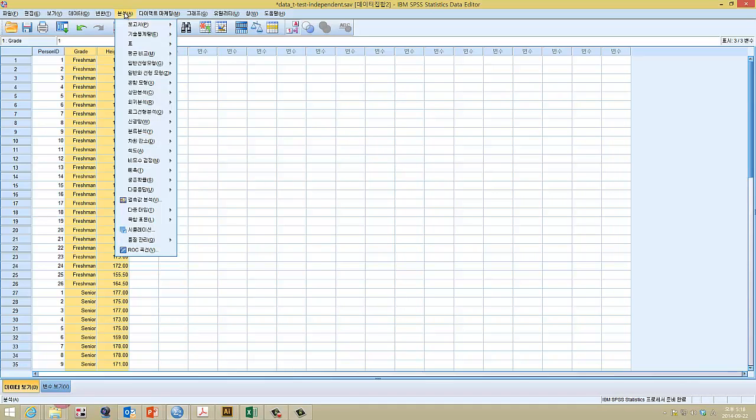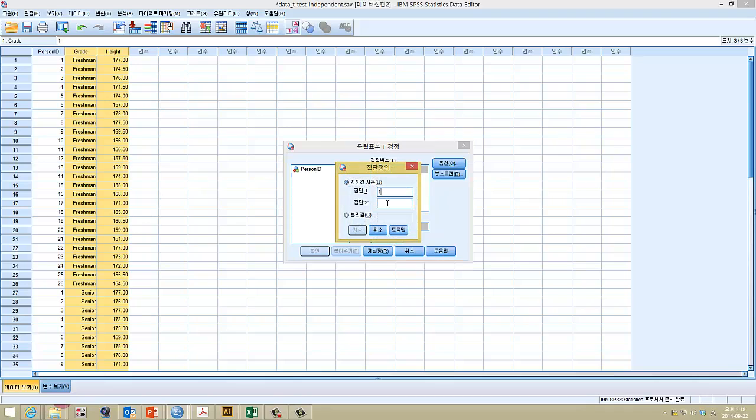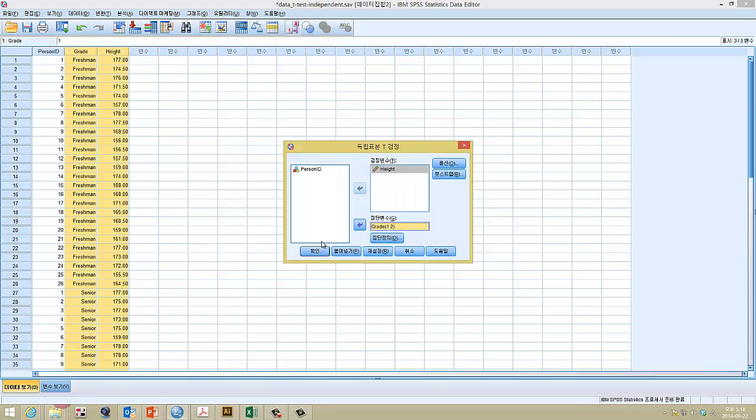And then you click Analysis, Mean Comparison, Independent t-test. You give height as the variable to compare, and here this is the group distinction, and we give 1 and 2 because freshman is coded as 1 and senior is coded as 2. Therefore, I gave 1 and 2 to compare, and then press.